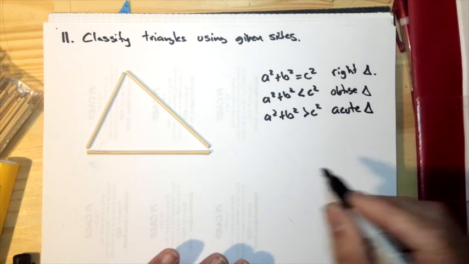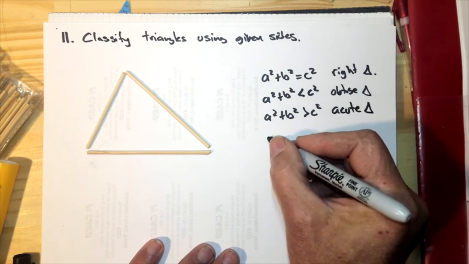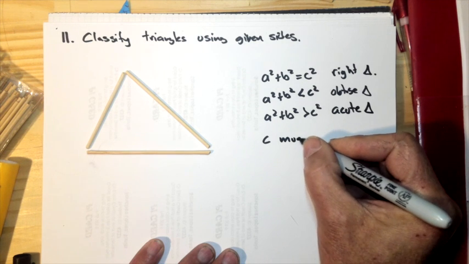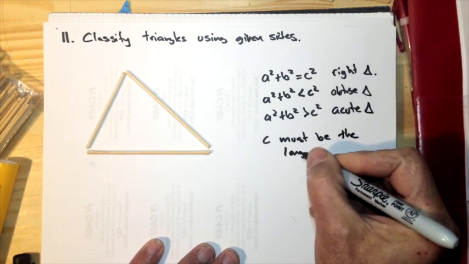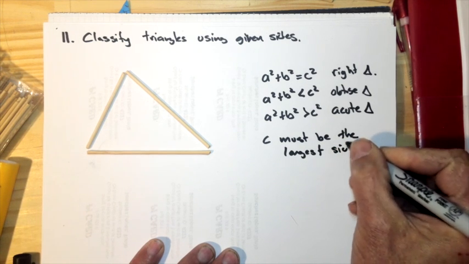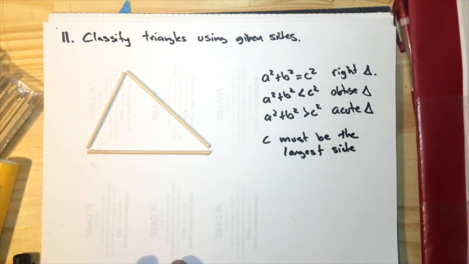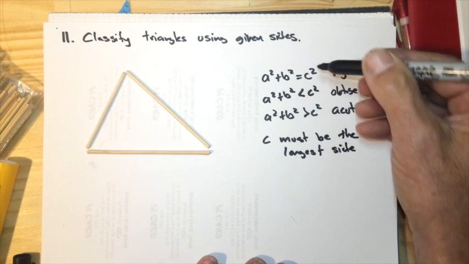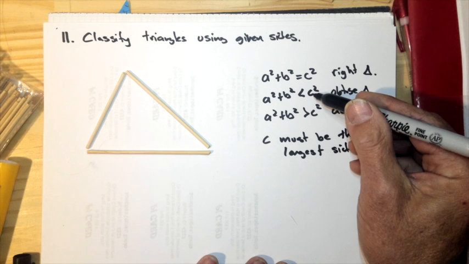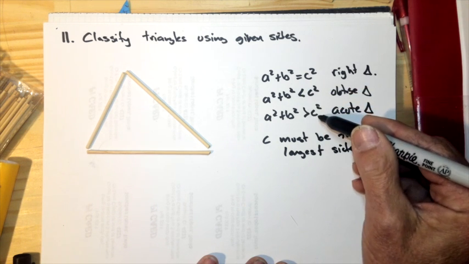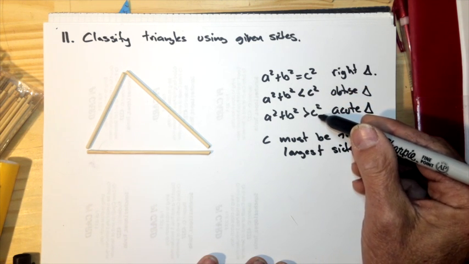Notice that c must be the longest side. And you're making a determination whether the longest side is just right to make a right triangle, is too big to make a right triangle, or too small to make a right triangle.